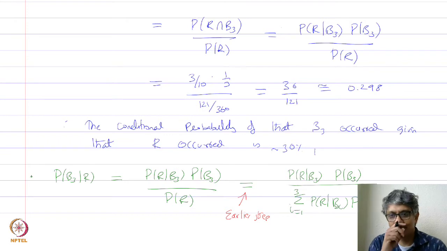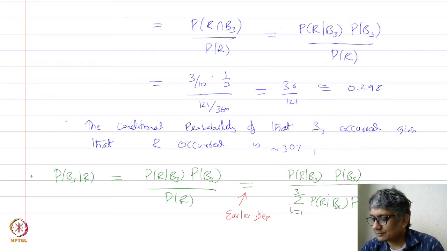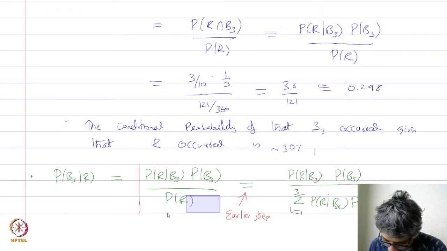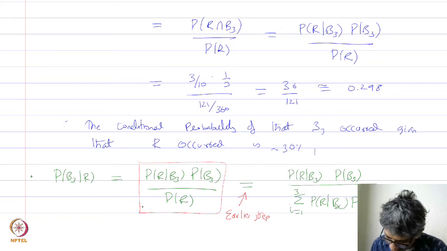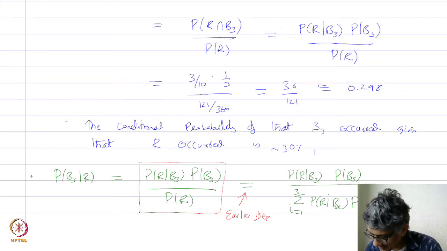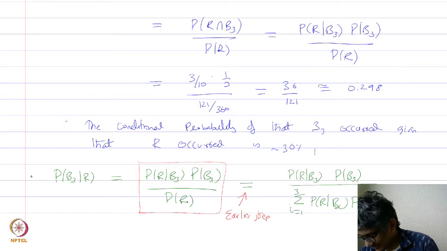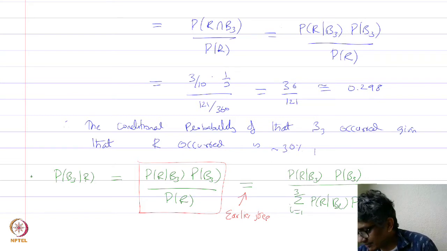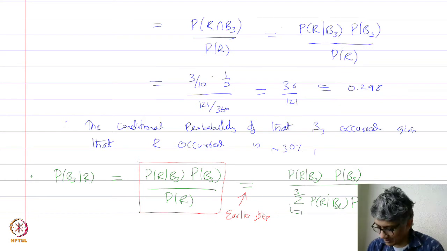So crucially we use this idea. We do all the conditional probabilities and the probabilities of Bi to get the reverse conditional probability, that is, of B3 given R. This is a part of a good theorem in probability called Bayes' theorem, which I'll state next.